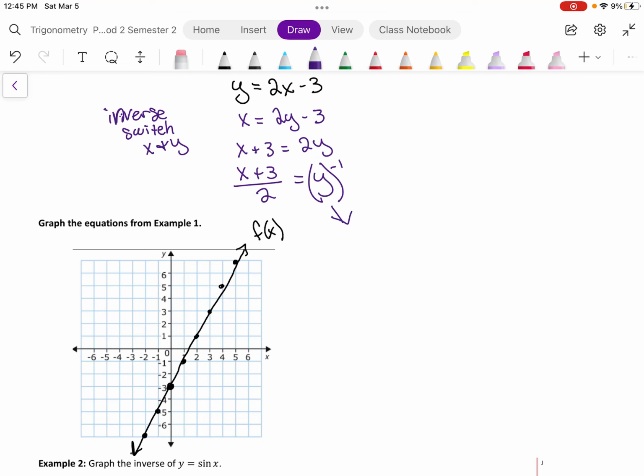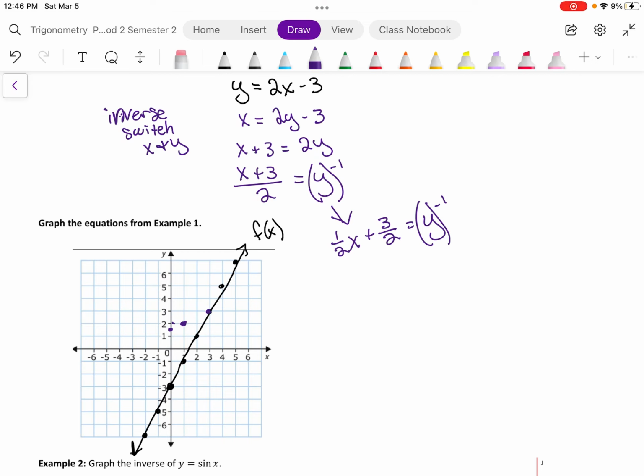Then our second equation, if we write this in slope-intercept form, is 1/2 x plus 3 over 2 equals y to the -1. So that means we're going to start at 1.5, and we have a slope of 1/2. So if we go up 1 over 2, we would get a point that's an actual point of 1, 2.